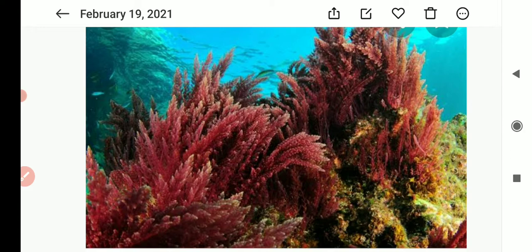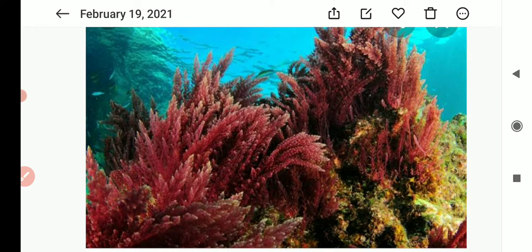The one that I'm taking is Polysiphonia, and Polysiphonia is a good genus for the example of red algae. So red algae belongs to, what is the name of the family? It is Rhodophyceae. So the example is Polysiphonia.